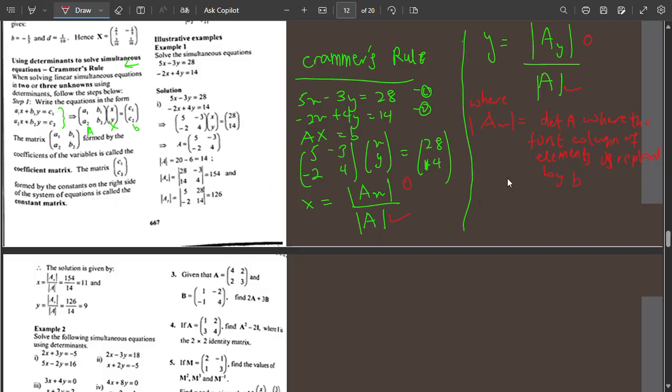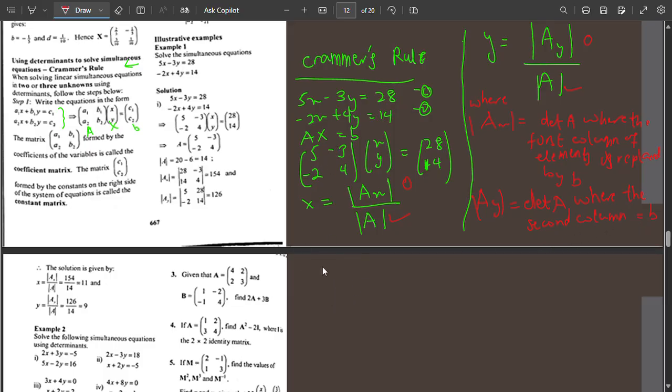Same for Ay: it is the determinant of A where the second column is replaced by B. What do I mean by this?